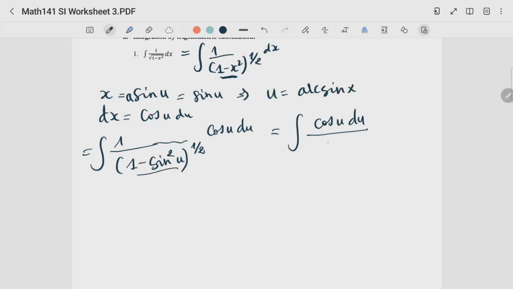So you have cos squared u to the 1 over 2, which will just become cos u. So you can simplify the cos there, and you'll be left with du. And the integral of du is just u, plus the constant of integration.